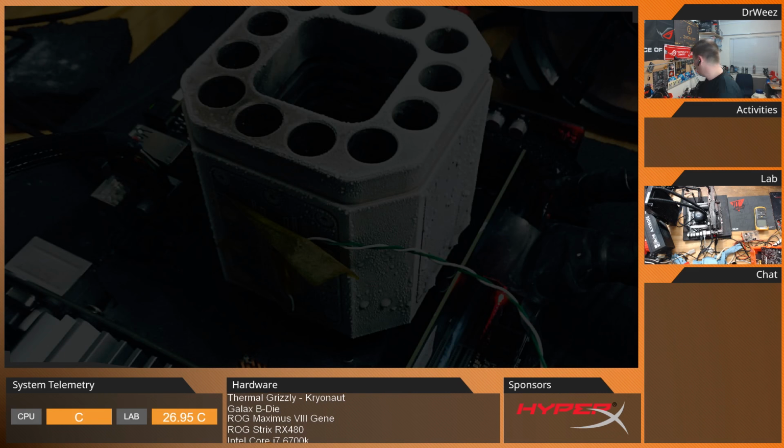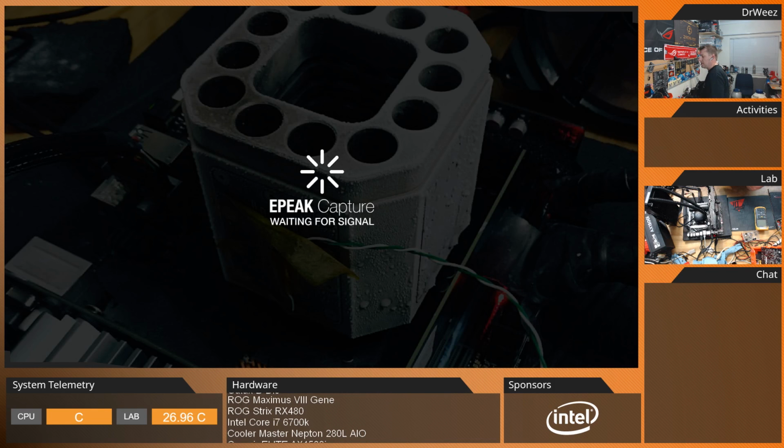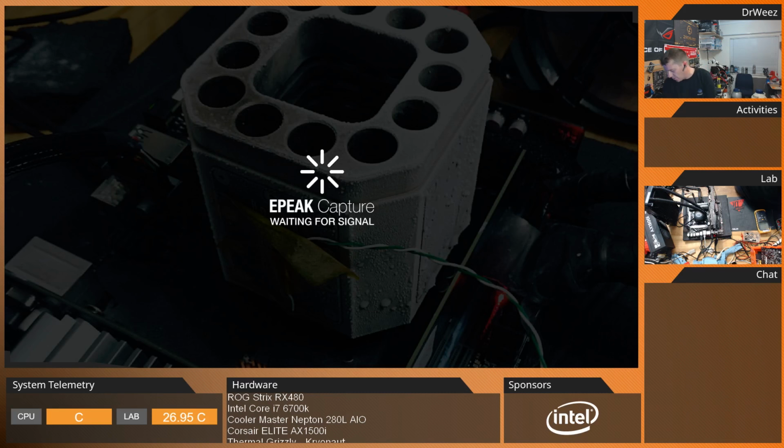Okay, so what you're seeing now is issues around memory timings as well. So Windows is trying to load, but it's not able to put any of its information into the system memory, which is causing the problem.